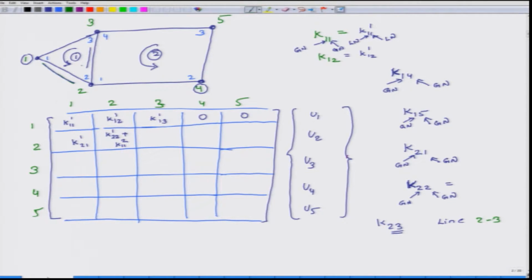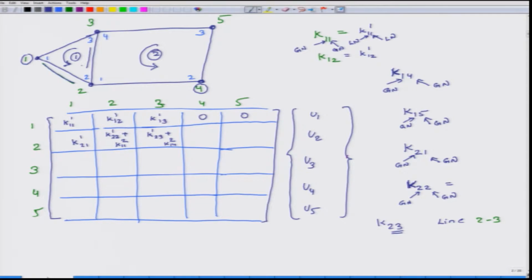So, K23 is equal to contribution from the first element, which will be, so first element local nodes are 2 and 3, K231, and in the second element line 23 is same as line 14. So, it is K142.